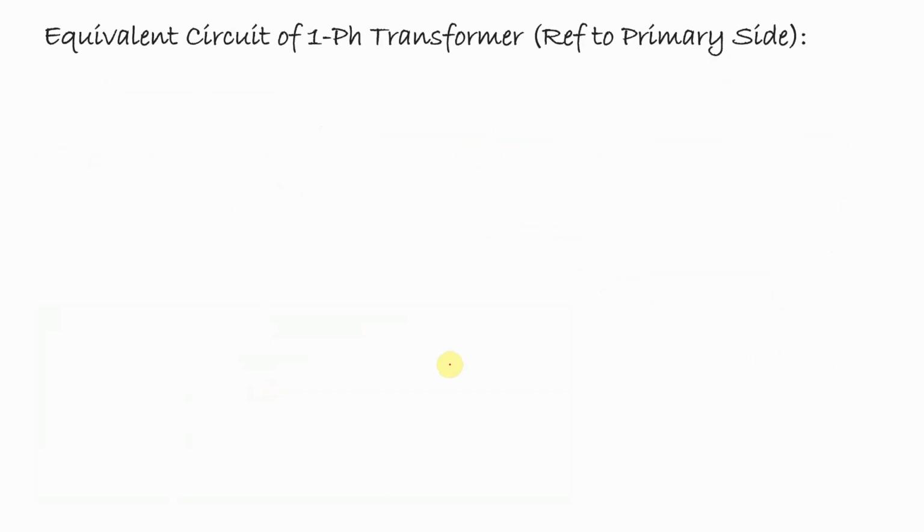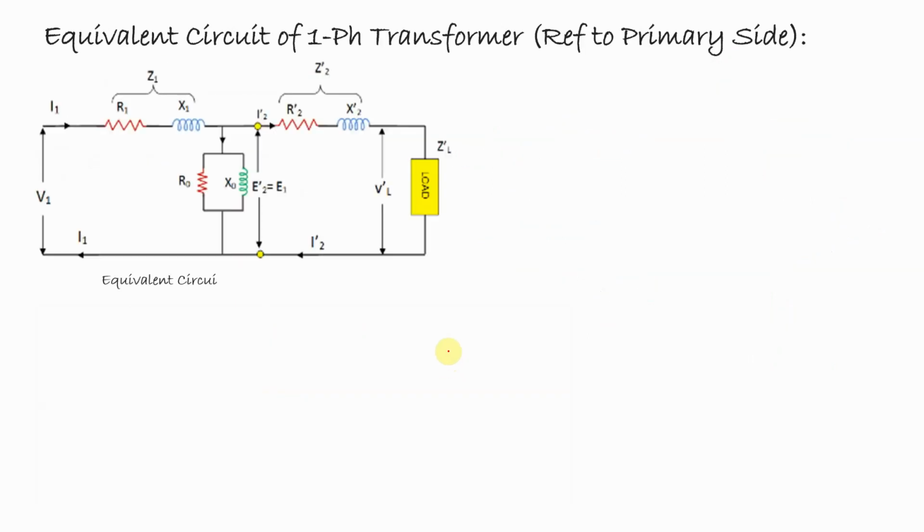So first, let's discuss the equivalent circuit of the single phase transformer referred to primary side. Here we will transfer all the parameters of the secondary to the primary side. That means the primary side values will remain the same.